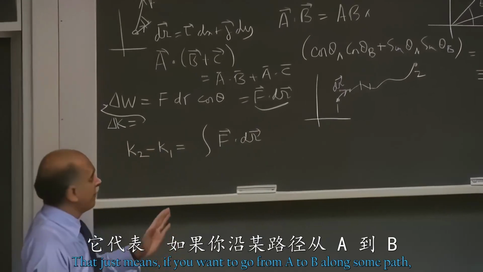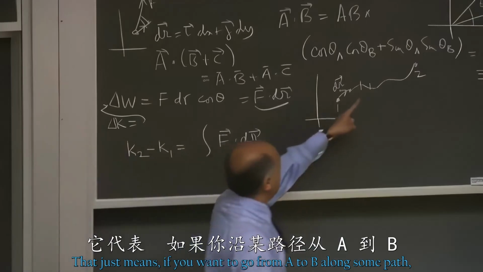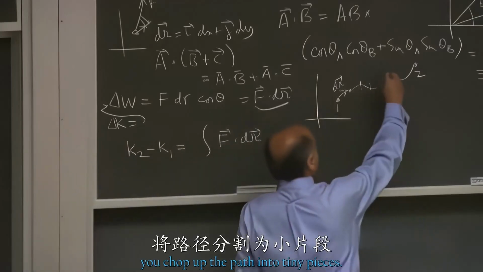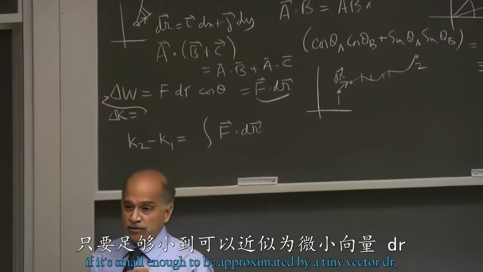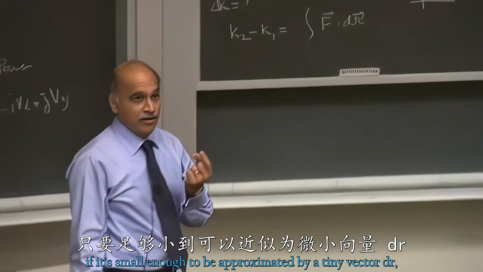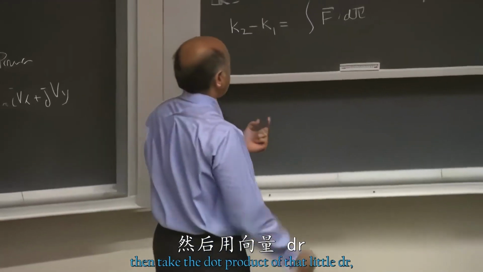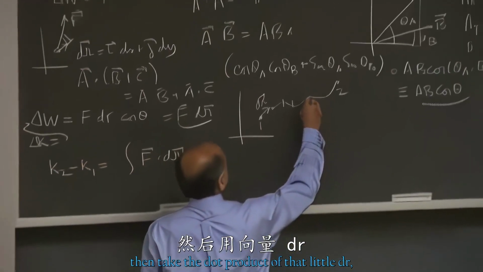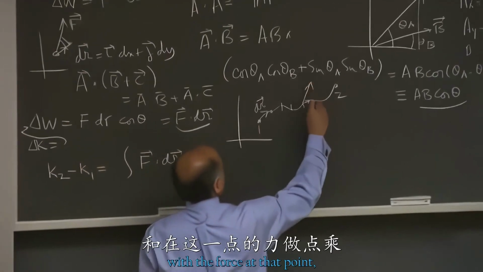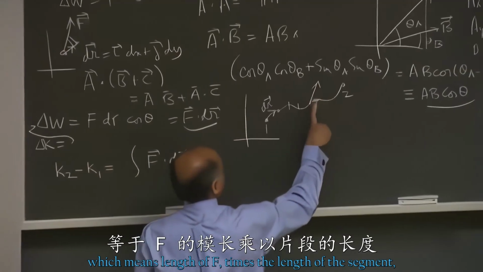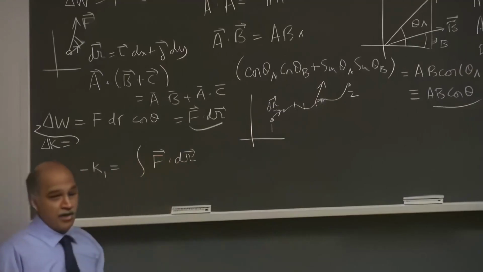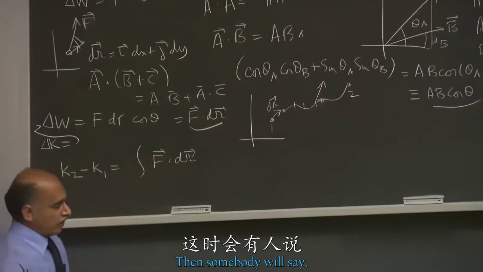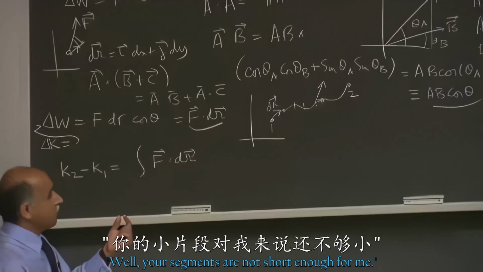That just means if you want to go from A to B along some path, you chop up the path into tiny pieces. Each tiny segment, if small enough to be approximated by a tiny vector dr, you take the dot product of that little dr with the force at that point, which means length of F times the length of the segment times cosine of the angle, and add them all up. Then somebody will say, well, your segments are not short enough for me.